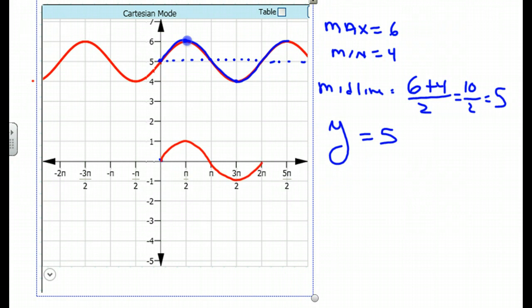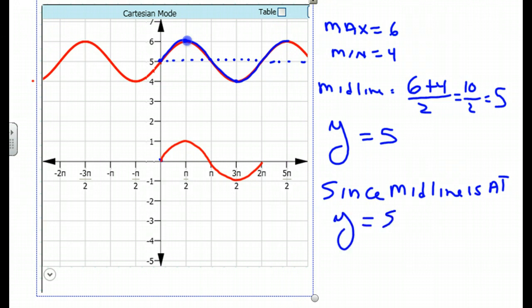But now it's y equals 5. Well, that tells us that the graph has been shifted up 5 units. So since the midline is at y equals 5, the graph is shifted up 5 units.